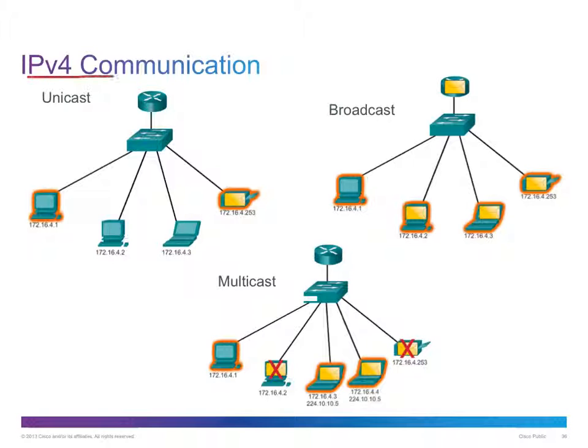IP4 communication. A unicast is between two locations. Okay. Now in this picture here, it shows this one's communicating here, and then they're communicating back.